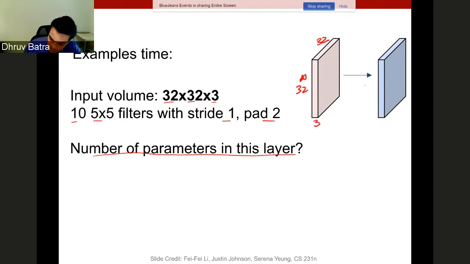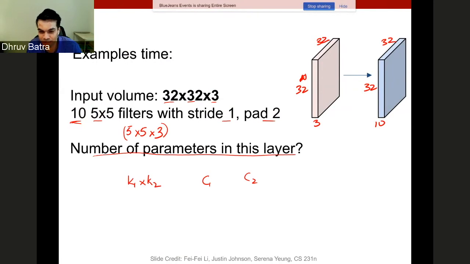We are producing output, which is also 32 by 32 by 10, and we have 10 such filters. We have actually given you an expression in the past, which has to do with K1 by K2 filters, and there were C1 input channels, C2 output channels. So what is the total number of parameters here?